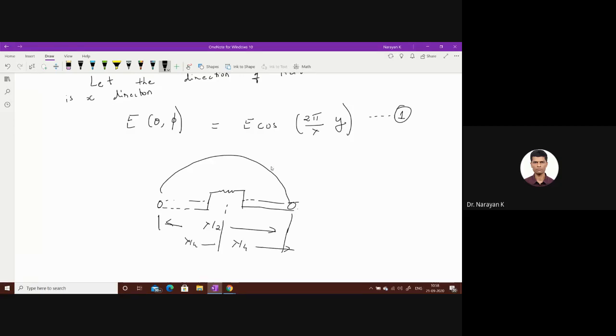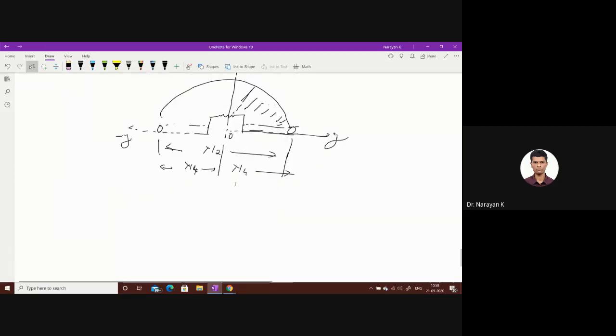This will be lambda by 4. This is your negative y direction. This is your origin O. So this will be your positive y direction. This whole thing is uploaded in your notes also. You can have a look if this diagram is not clear.